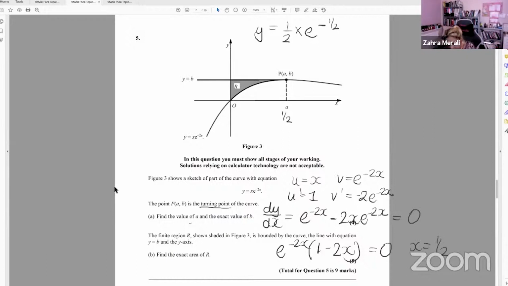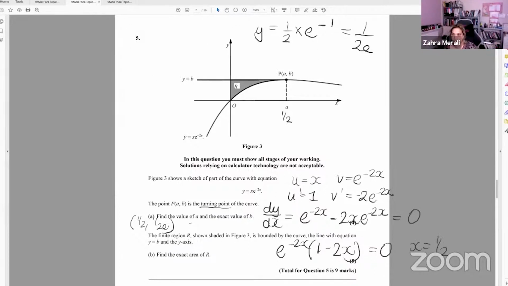It's just going to be to the minus 1, because it's minus 2 times a half. That's 1 over 2e. So your coordinates are a half and 1 over 2e. Okay, so now we've got to find the finite region.